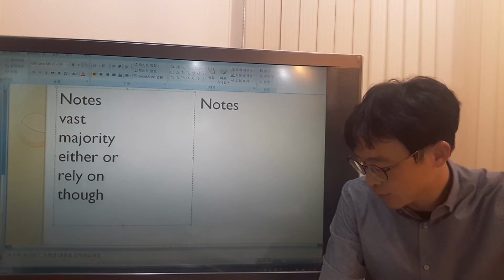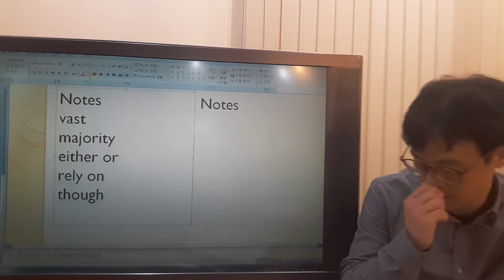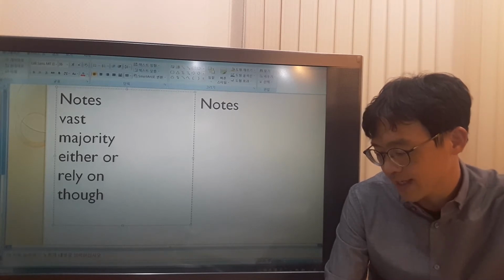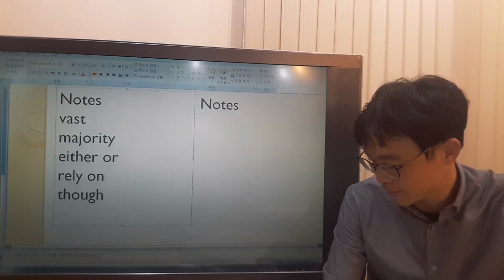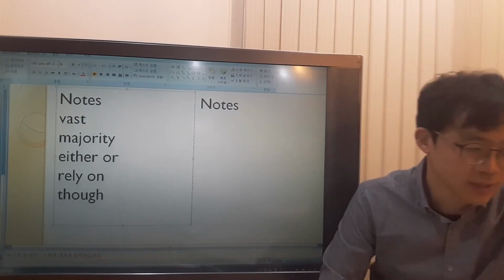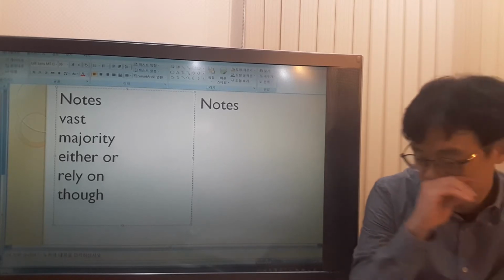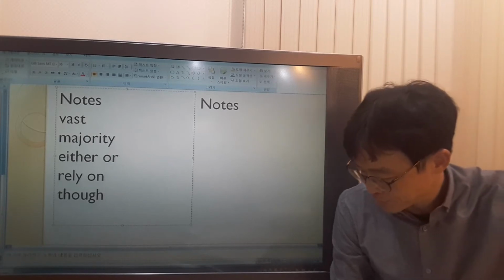Historically speaking, both types of paints have been around for centuries. Historically speaking, what does that mean? It means, if I say it historically, okay? Both types of paints have been around. What does it mean, have been around? Have been around means it was present, okay?